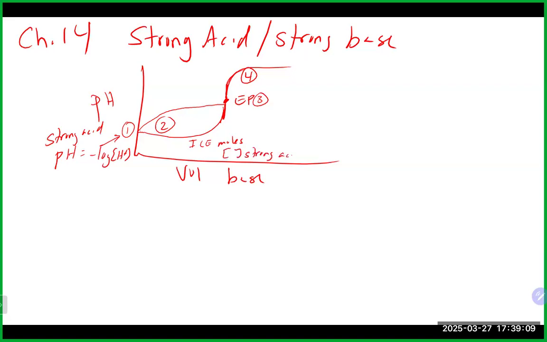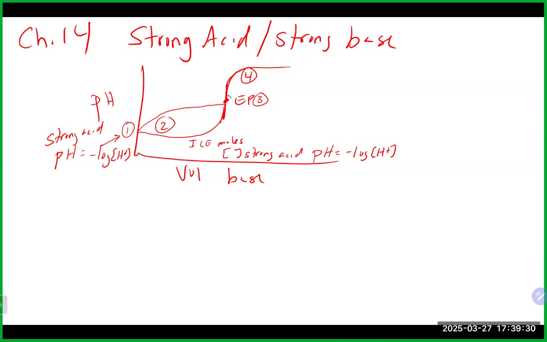After you do that first ice table in moles, it's a good idea to convert it back into molarity using the total volume, which is the volume of the acid you started with and the volume of base that you added to get wherever you're at that point. Once you do that, you still have the concentration of a strong acid, which means you could then go into your pH equation at that point.